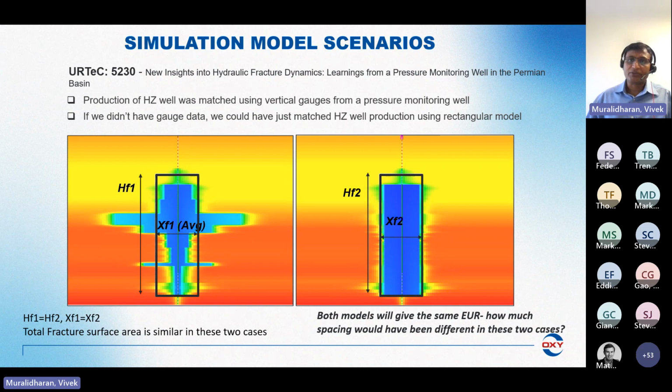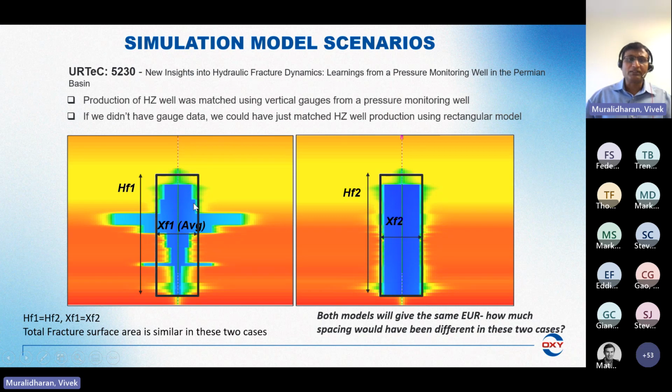We had an initial pressure in that area before we started the horizontal development. And after 3 years, we had the monitoring pressures telling us the depletion in the matrix at 100 feet from the horizontal well. So we modeled in the simulation to match all of those pressures after 3 years of depletion.